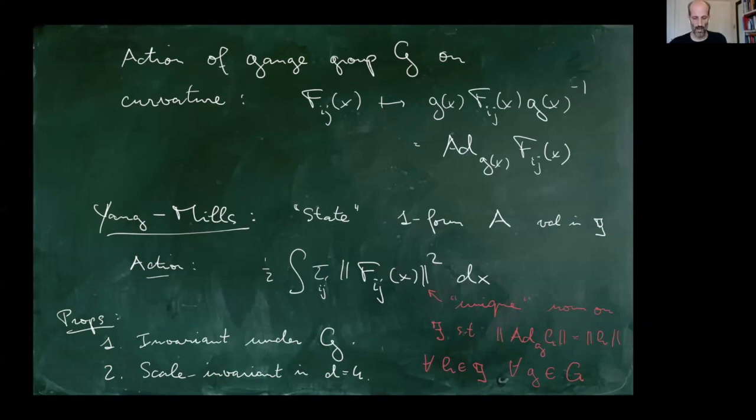And so the ultimate goal, which we haven't reached, would be to be able to give a meaning to the measure corresponding to that action, some measure that formally you can argue corresponds to e to the minus that action, in dimensions 2 and 3.